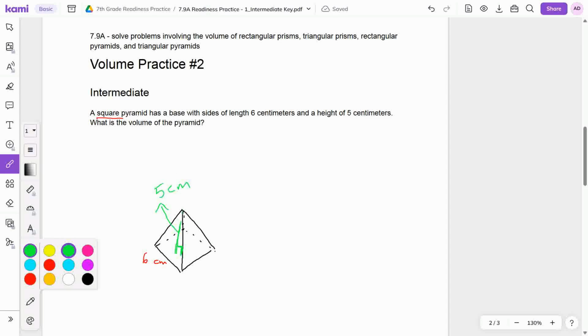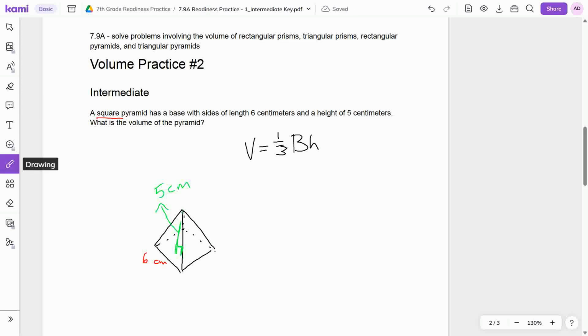So really, what we need is the volume of a pyramid. It's 1/3 base times height. Now, this is different from the previous problem. They haven't given us the base. They've given us a side length. So this big B is the area of the base.